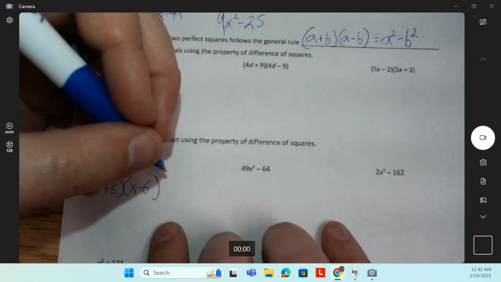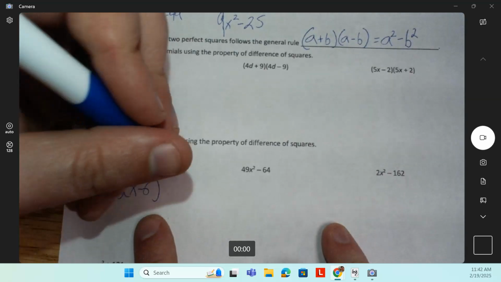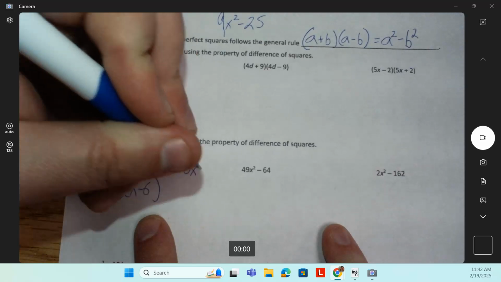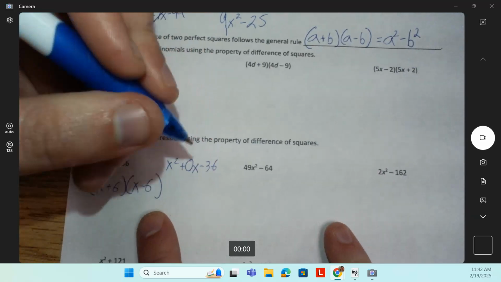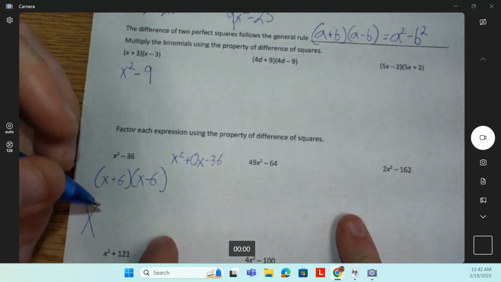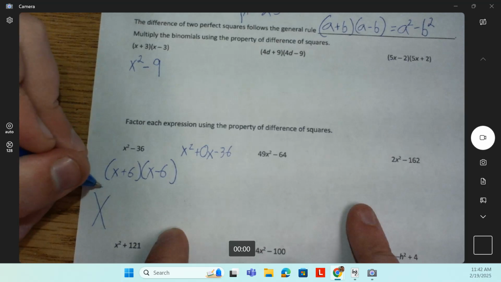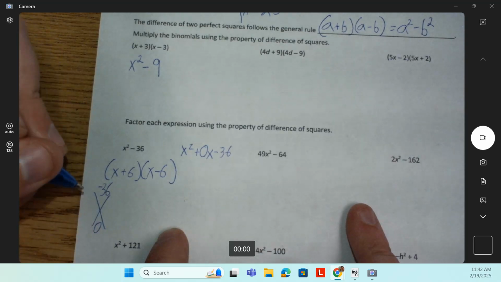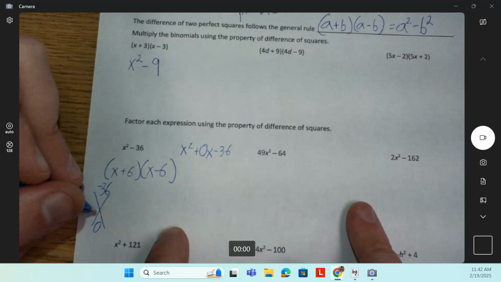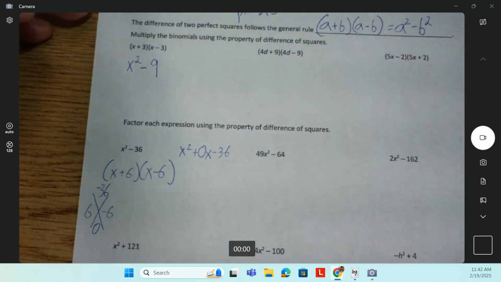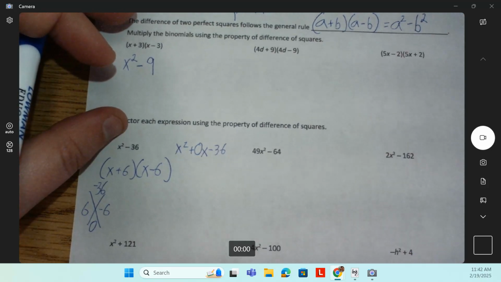One of the ways would be to say, well, you might think of this as x squared plus 0x minus 36. And then if we do our big X here, it needs to multiply to negative 36 and add to 0, well, the only thing that does that is a positive 6 and negative 6. So that still works out the same way there.